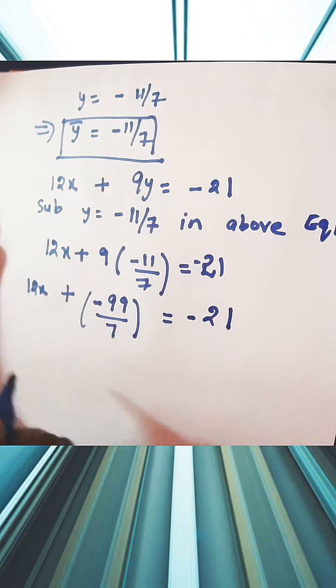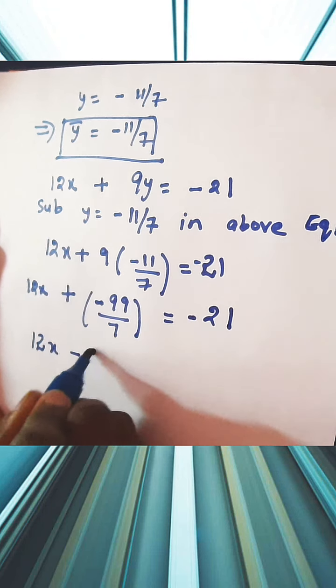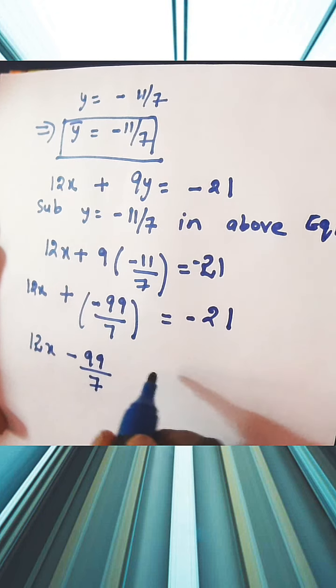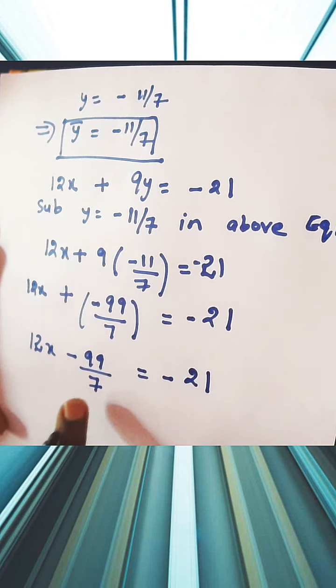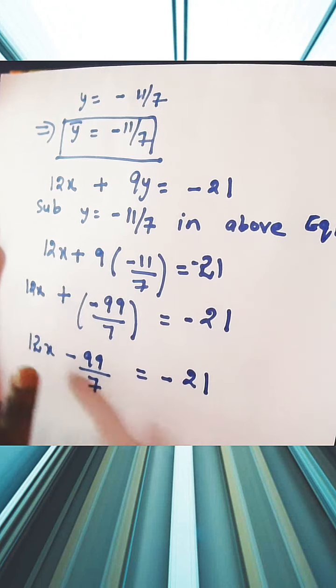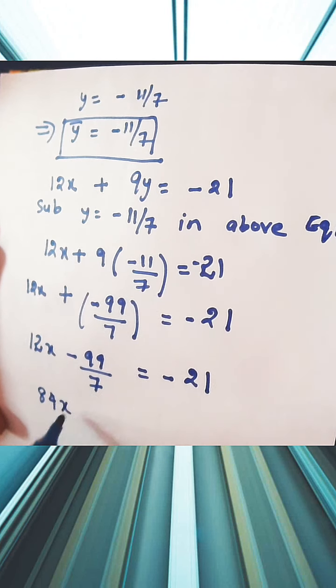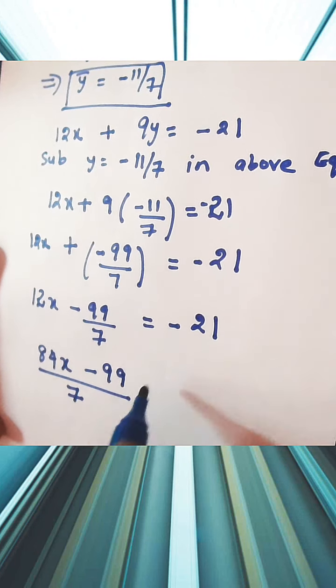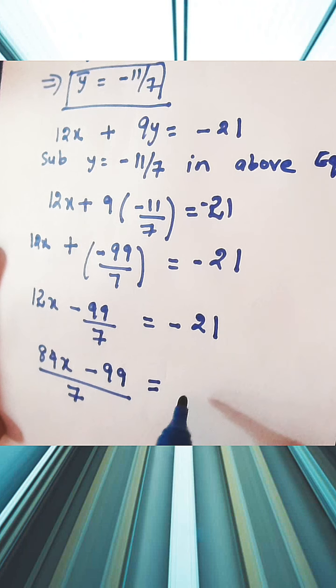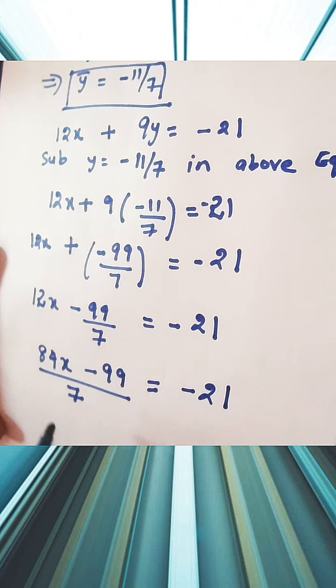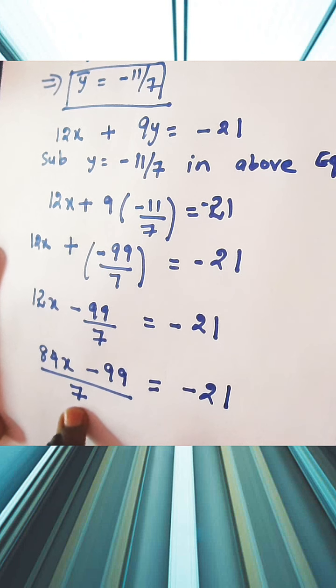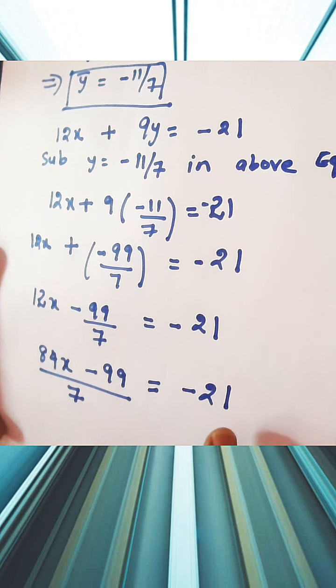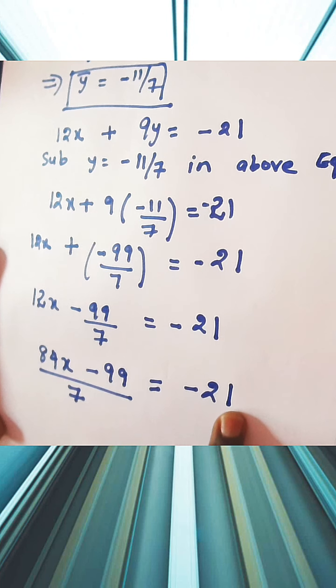This plus will be converted to minus. 12x minus 99 divided by 7 is equal to negative 21. I can cross multiply. 7 into 12x will give you 84x minus 99, the whole term, divided by 7, which is equal to negative 21. 7 is in division; when it comes to the other side, it becomes multiplication. 7 into negative 21 will give you negative 147.